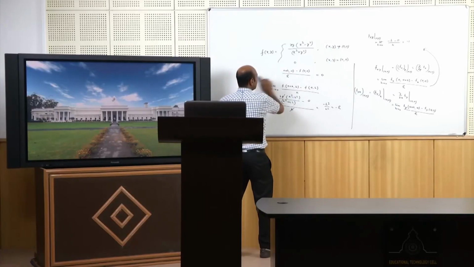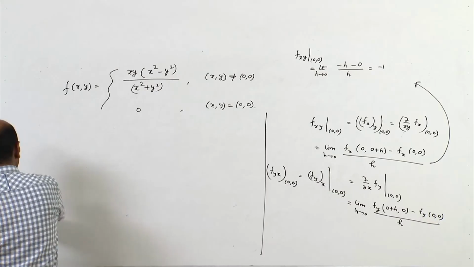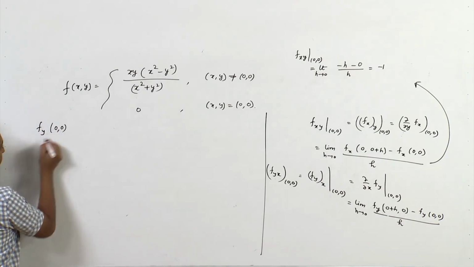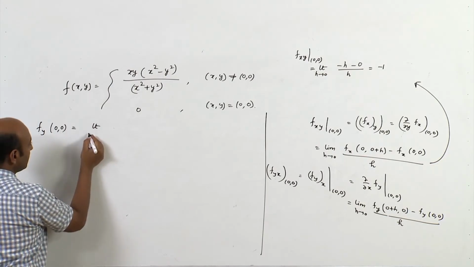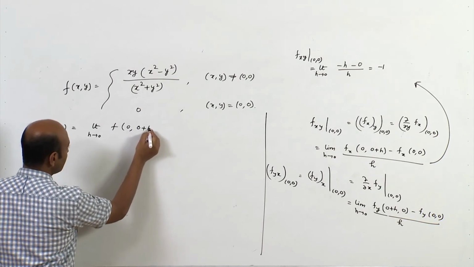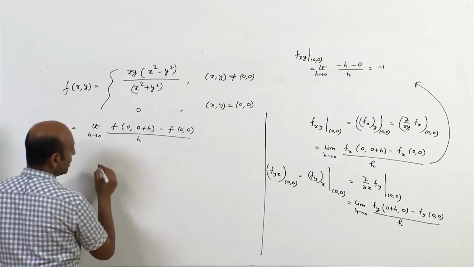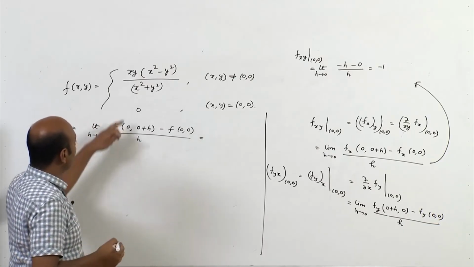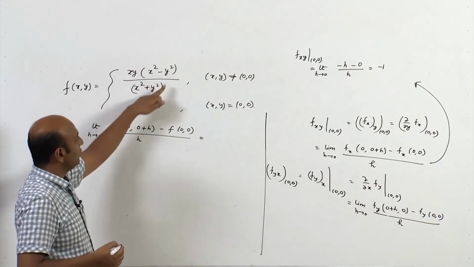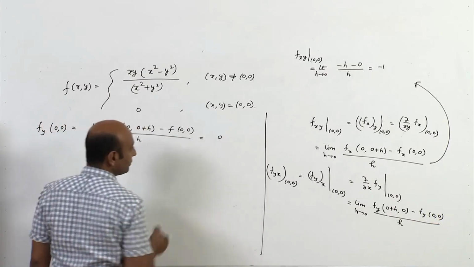Now similarly we try to compute f_yx at (0, 0). Now what is f_y at (0, 0)? It is the limit h tending to 0 of f at (0, 0+h) minus f(0, 0), upon h. Now again when you take x as 0, y as h, it will be 0, and f(0, 0) is 0. So this value is 0.